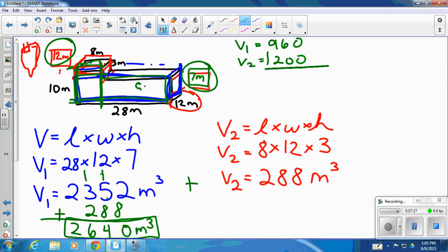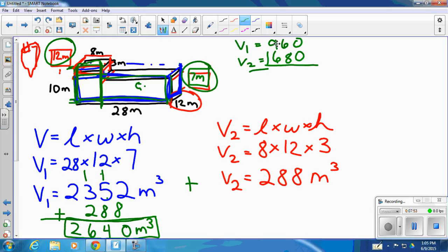Okay, Kira, when you added these together, did you get 2,640? No, you wouldn't have. So one of those isn't correct. It should still add up to 2,640. So what was this one? 1,680.